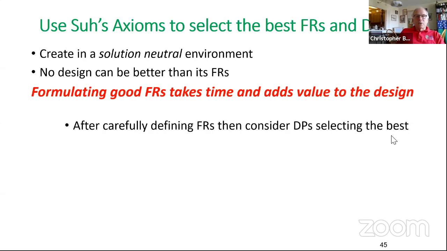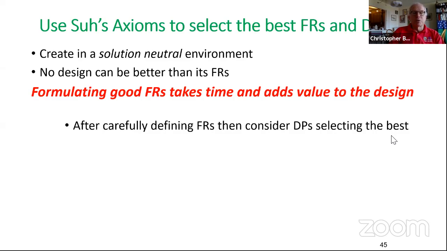So as we've said, we'll use Suh's axioms to select the best FRs and DPs. We have to create the design in a solution-neutral environment. We have a tendency as engineers to think well and quickly in the physical domain. But until we really figure out what the FRs are, we don't have a basis for selecting which physical solution might be the best.